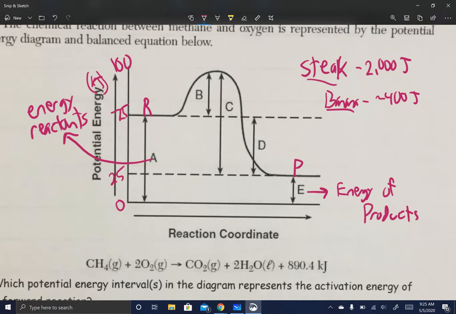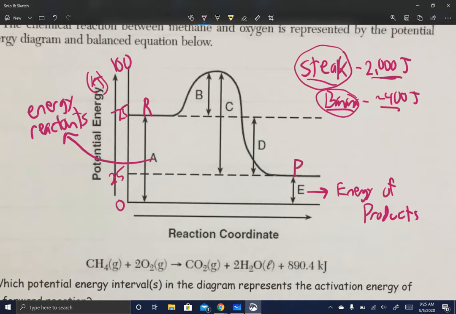I'm just helping you understand the concept: steak has more calories, banana has less. People get obsessed with calories and weight, and that is not really a healthy way to look at it. Really, calories is just energy. How much energy are you getting out of the food? So anyways, that's what this is about.